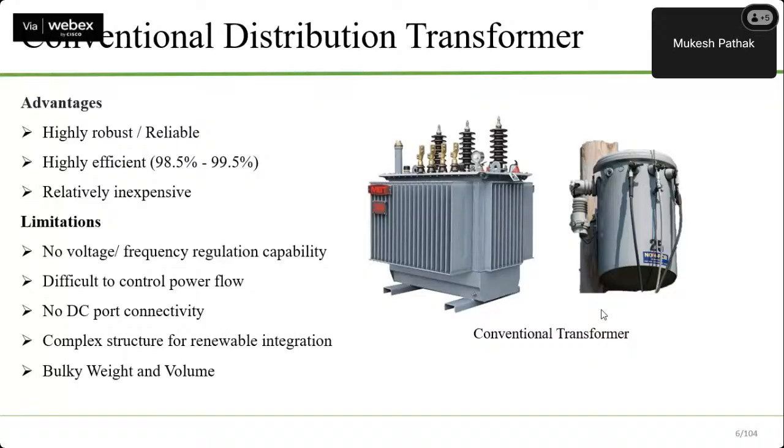You have to convert this solar DC into AC, and then connect it to the grid or transformer. So the structure for renewable energy integration becomes complex, and this transformer is heavy. It has very high weight and consumes a lot of volume or space.